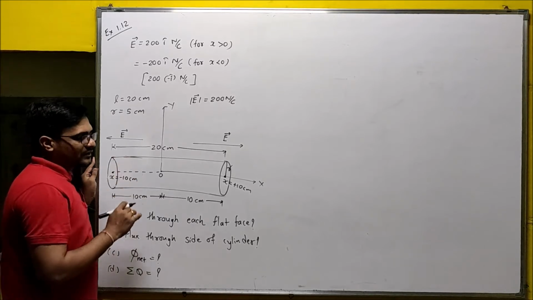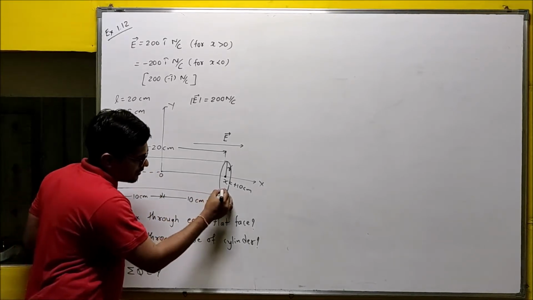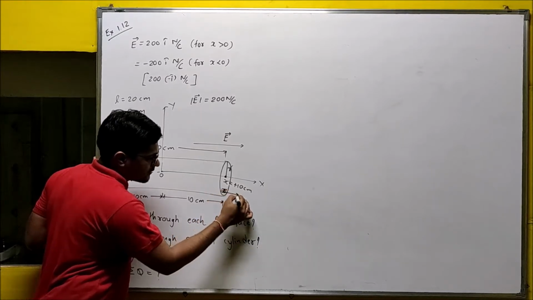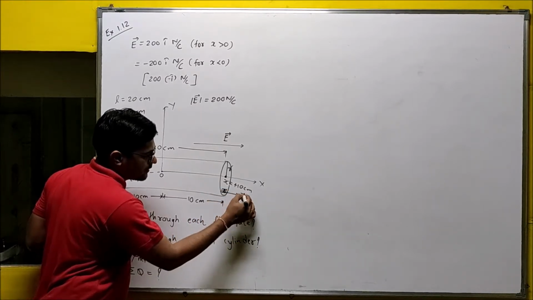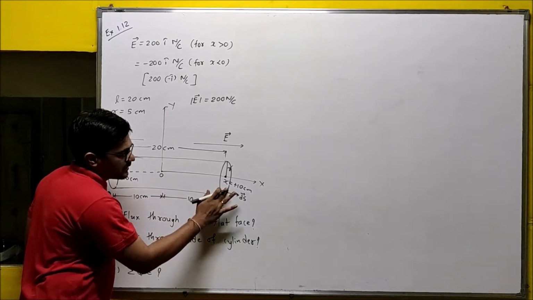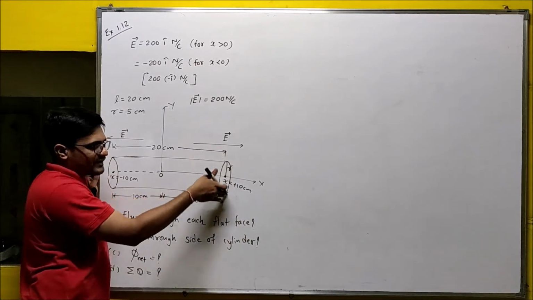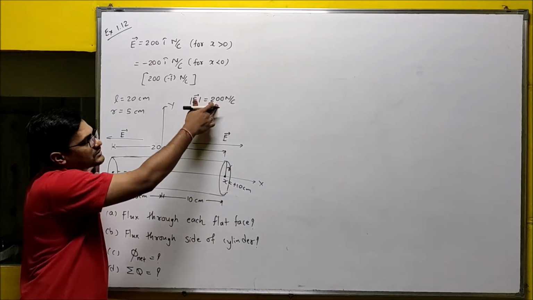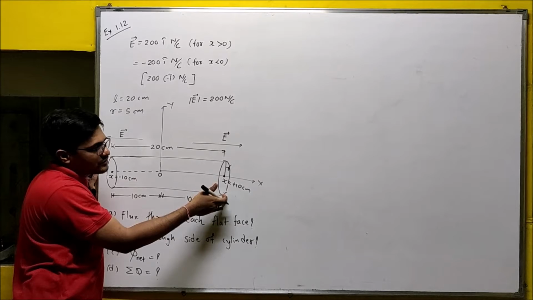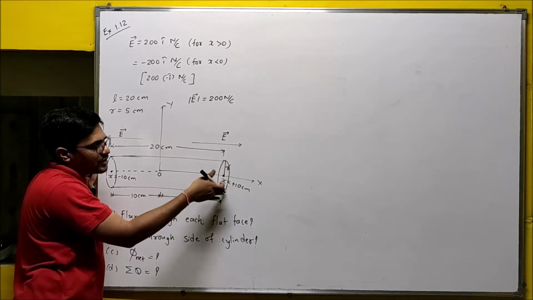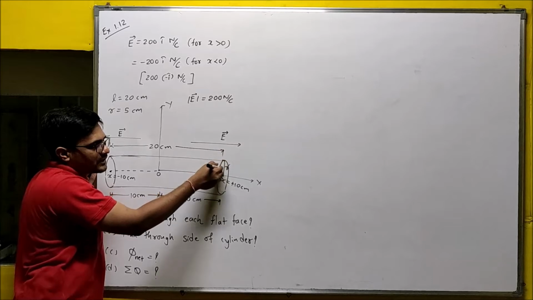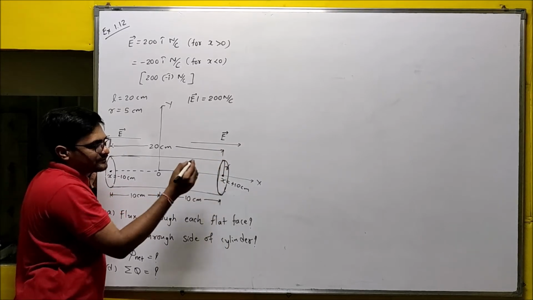To find the flux, consider a small element here, with direction ds. Now, no need to consider a small element, because at this flat surface the electric field intensity is constant, 200 Newton per Coulomb. So it is uniform, so use directly the formula for flux in a uniform electric field.